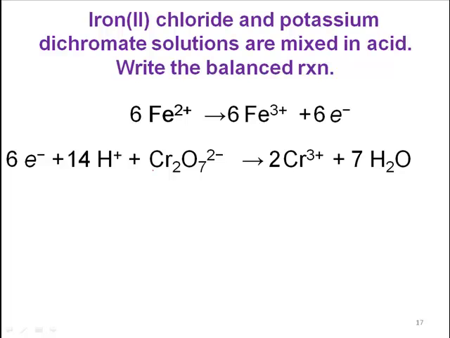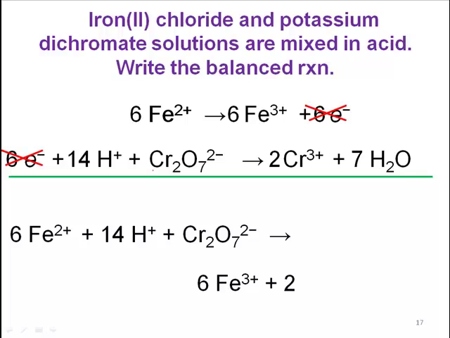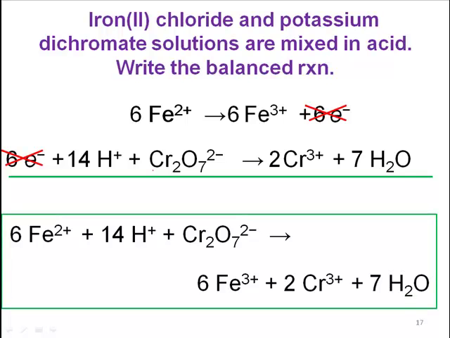And we add them together. And there we canceled them out, added them together in an acidic solution. We are done as long as the charge is equal. That's it.